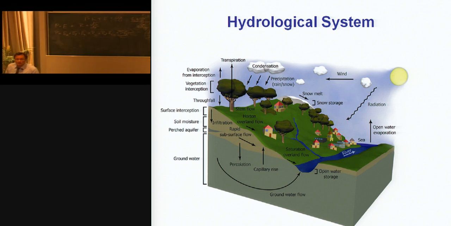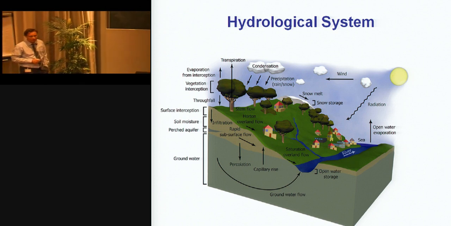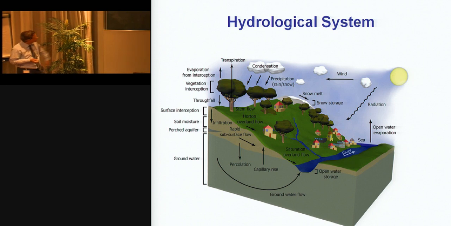What is simplified? What did I forget? If you think about where water can be stored in a catchment, we said it's stored on the canopy, on the leaves, yeah, the interception storage, or on the surface, or in the saturated zone, or in the unsaturated zone. Where else can water be stored?